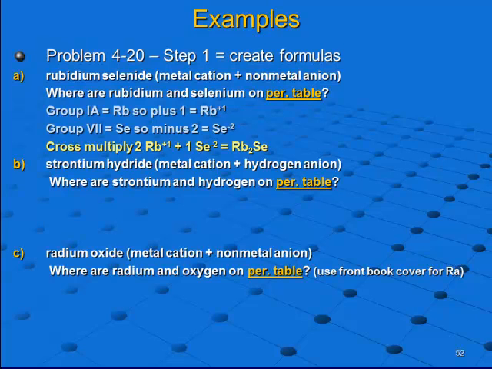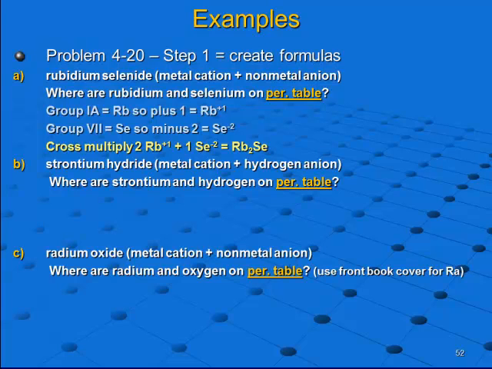It's group 1A, so it's going to be 1+. Selenium is a nonmetal. It's group 6 if you go find it. So it's going to be 6 - 8 and have a charge of -2, and therefore the formula is going to have to be Rb2Se to balance those charges.